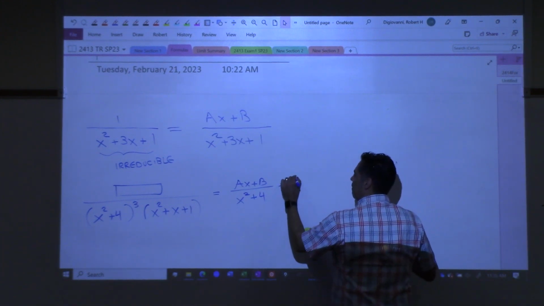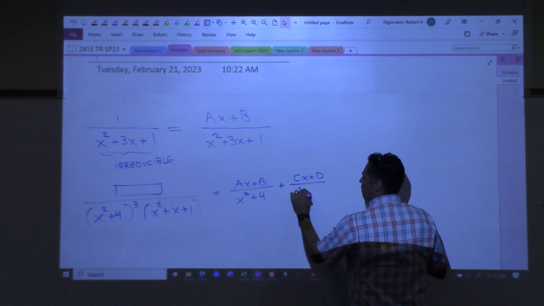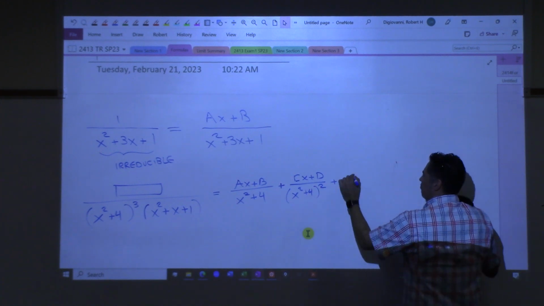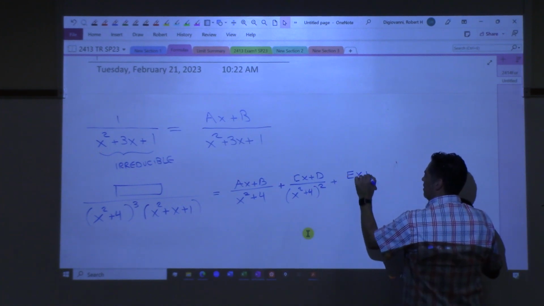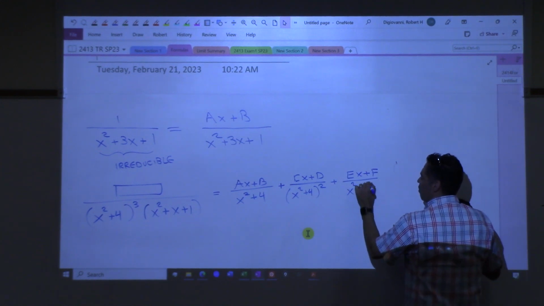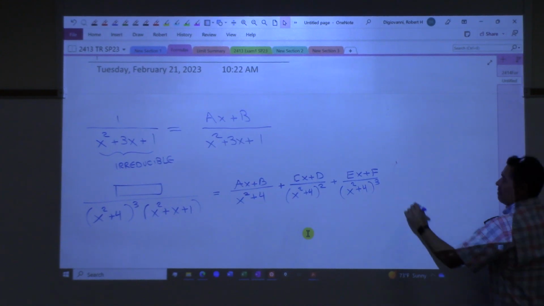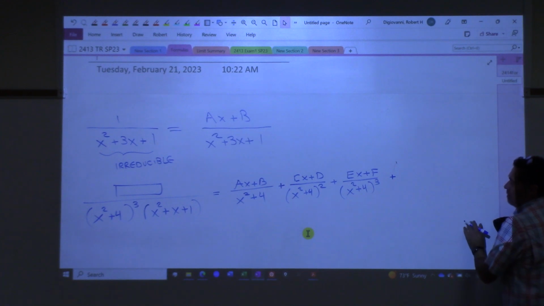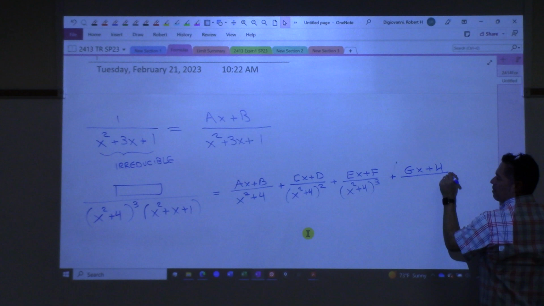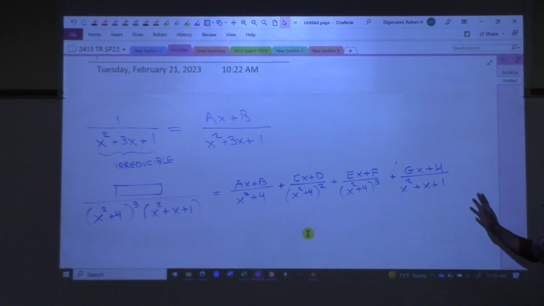So I'm going to have to go cx plus d over x squared plus 4 squared, and then plus ex plus f over x squared plus 4 cubed. I'm not done. I got to do the other irreducible quadratic, gx plus h over x squared plus x plus 1. And that's not repeated, so that would be it.